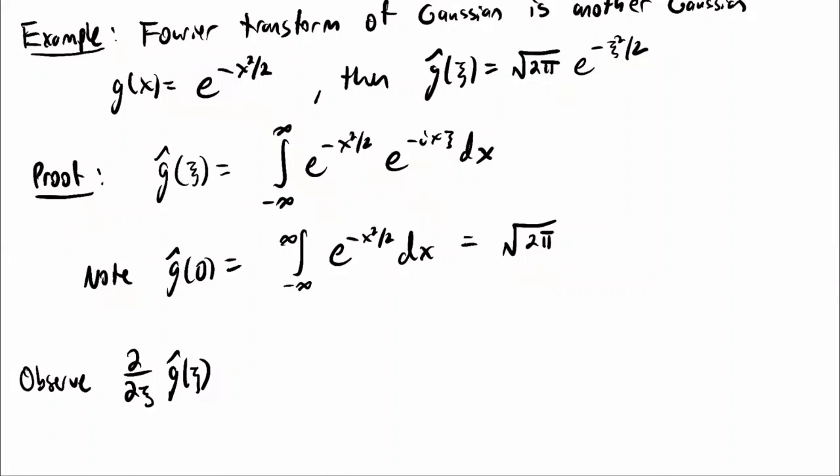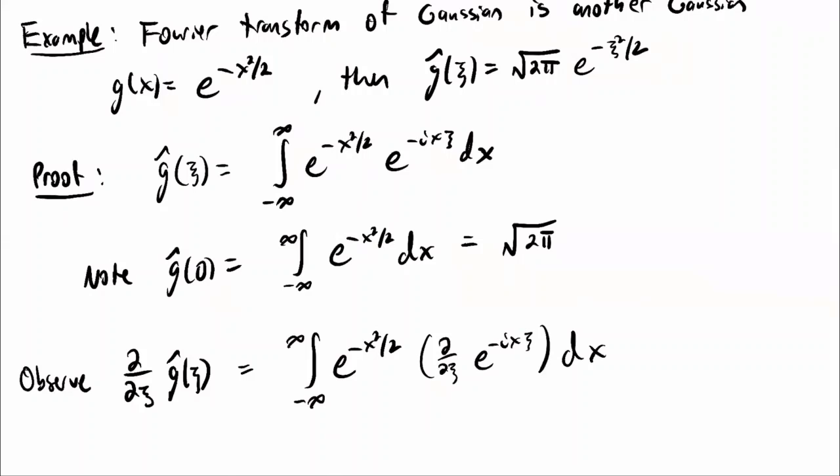Right, so let's look at the derivative of G hat with respect to Xi. I'm going to bring the derivative inside the integral, which I'm allowed to do because this function decays very quickly. So I end up with the integral from minus infinity to infinity of e to the minus x squared over 2, and then the derivative with respect to Xi of e to the minus ix Xi, dx.